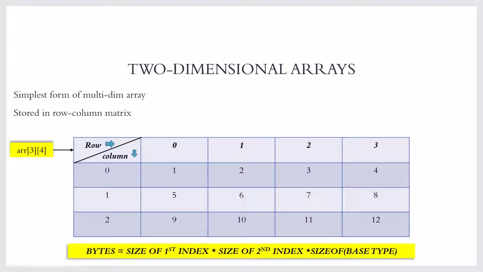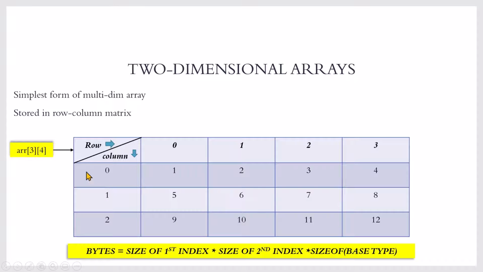The bytes taken by this two-dimensional array would be size of first index, so that's 3, multiplied by size of second index, that's 4, multiplied by size of the base type. So this is integer, this would be 12 fours are 48 bytes.